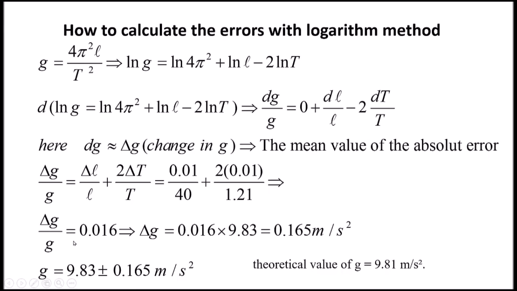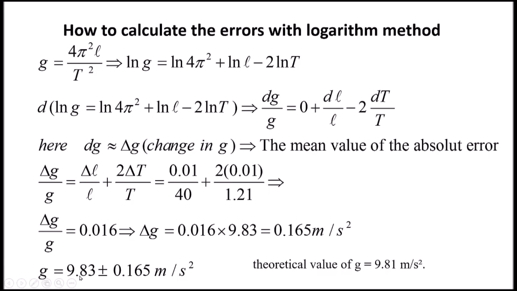Calculating these fractions, we will get delta g over g equal 0.016 and delta g finally equal 0.165 meter per s square.